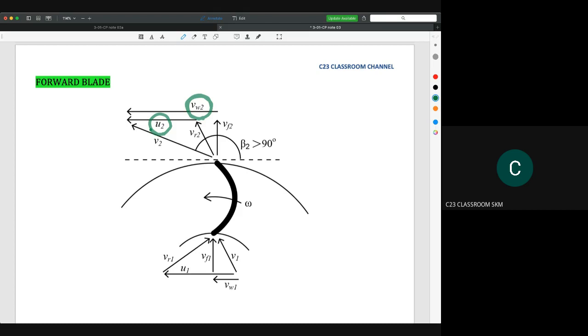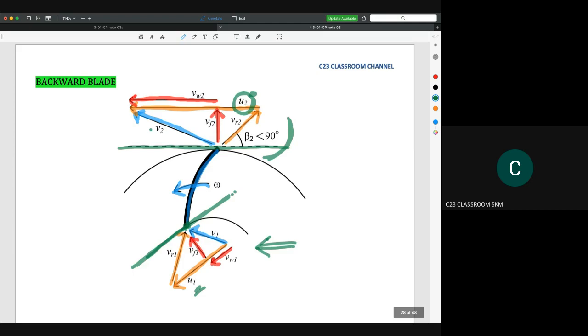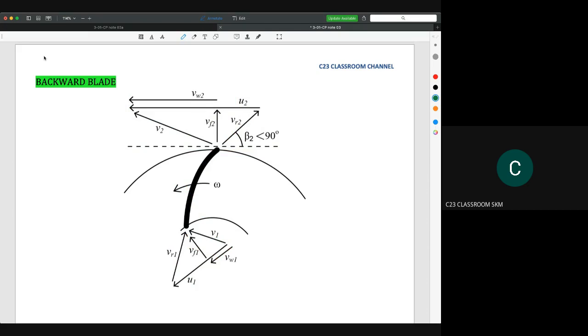In the velocity triangle we could use trigonometry, maybe sine, cosine, tangent, and so on and so forth. So this is the velocity triangle for the backward blade. I hope you could snapshot this one, or watch this video again after this.